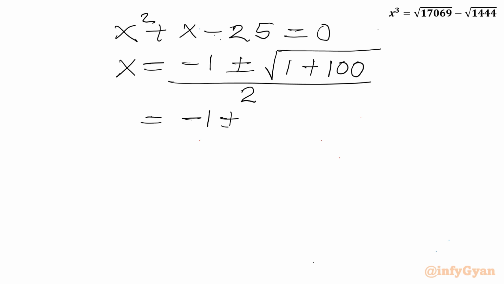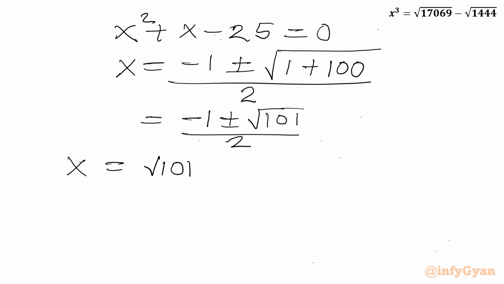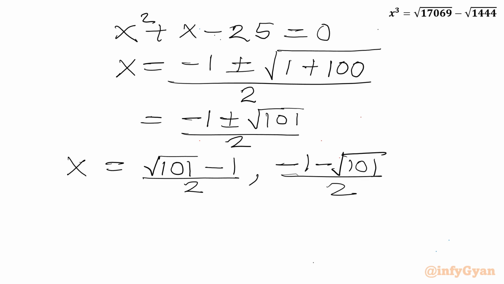Minus 1 plus minus square root 101 divided by 2. So I can write x will be equal to square root 101 minus 1 over 2 with plus sign, and with minus sign minus 1 minus square root 101 divided by 2.